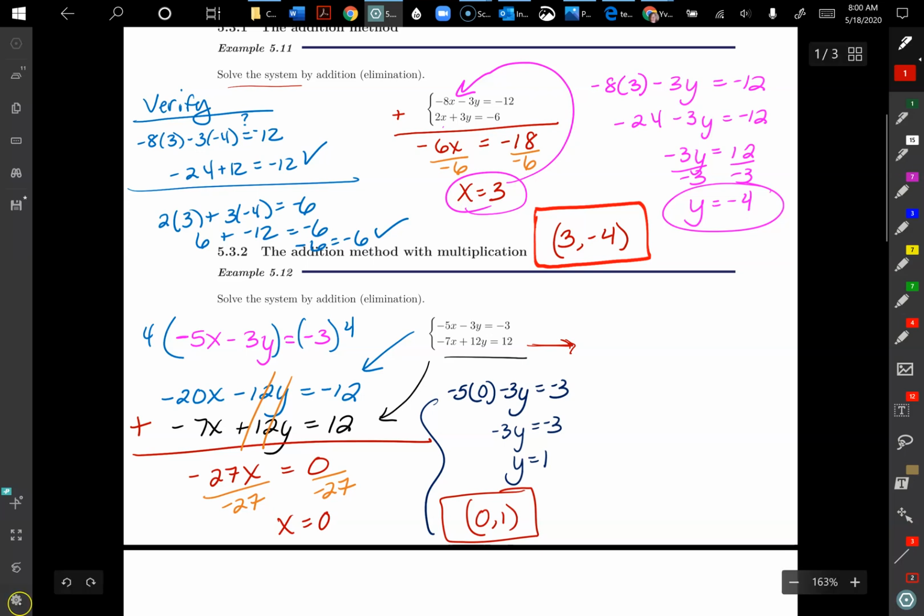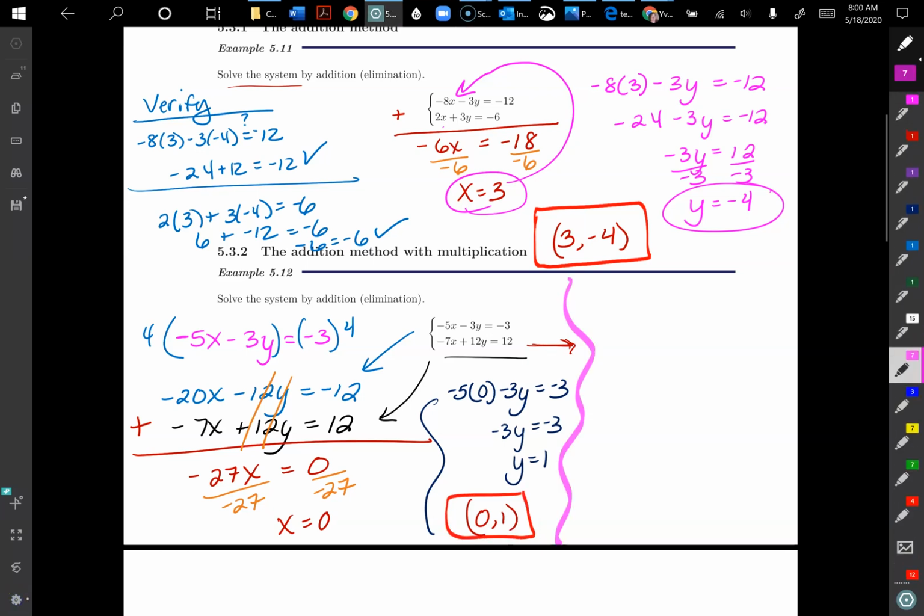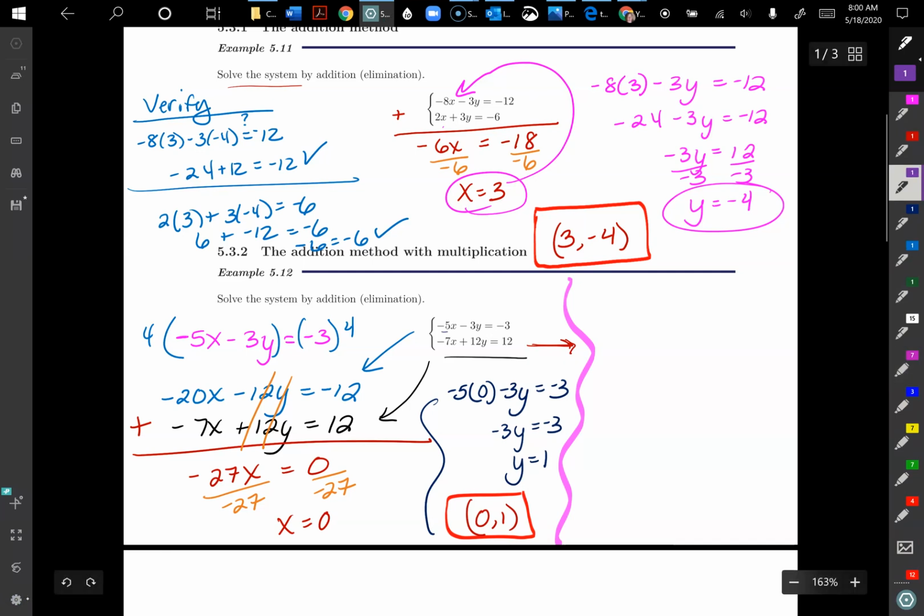So let me just show you that. I need to have a common coefficient on these x's. So I would have to multiply this -5 by 7. So I would multiply every term, 7 times -5x minus 3y equals -3 on this one. And I would also have to do the same here.